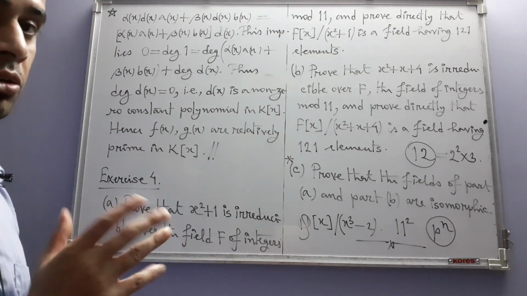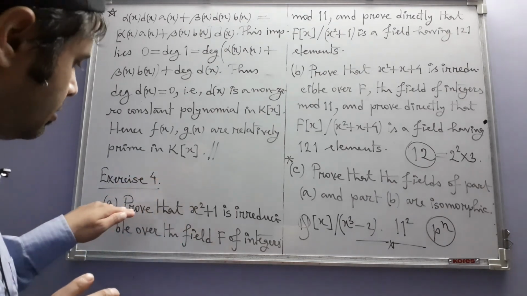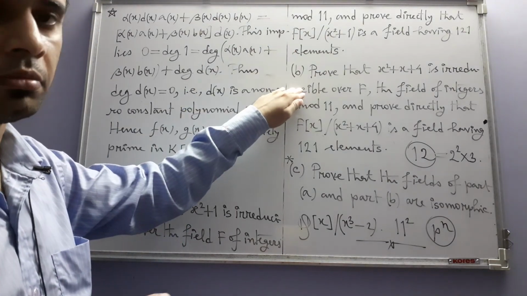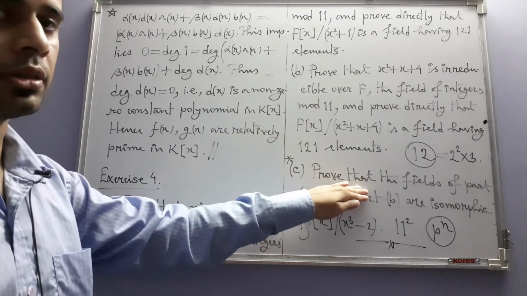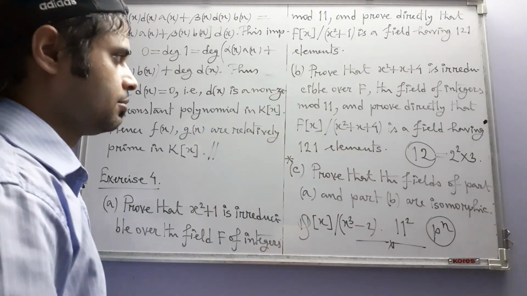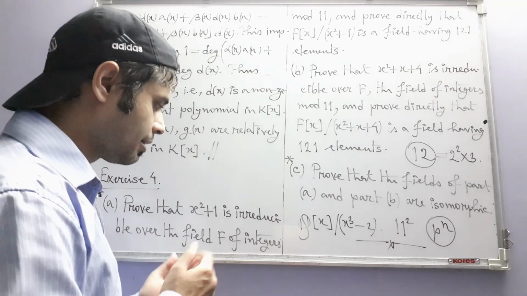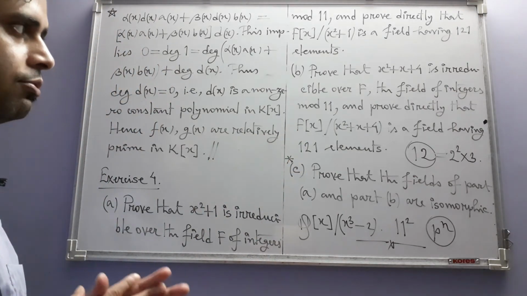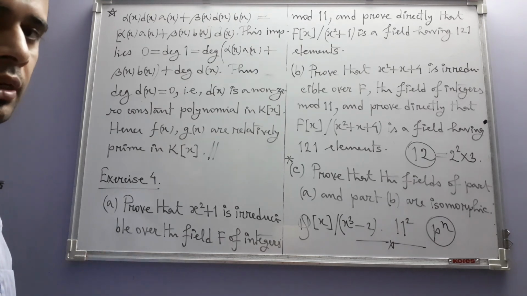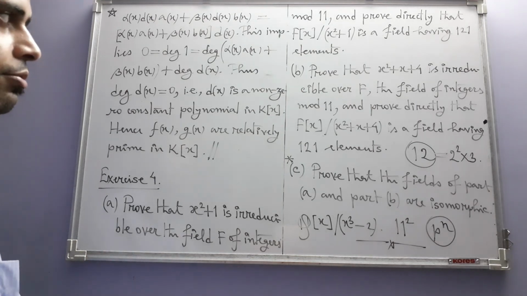That part is not going to be easy, even in these two subdivisions where we don't have the star, and this is going to be really very difficult. So you at least try to see how they are irreducible. That will be enough, and then we will see in the next video the solution itself.